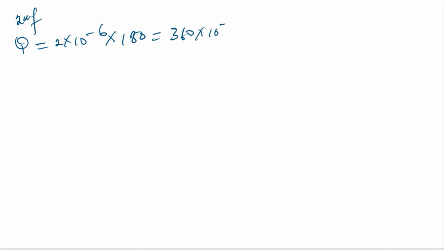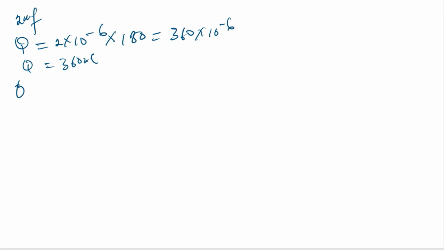So for the 2 microfarad, Q will equal 2 times 10 raised to power minus 6 times 180. That will equal 360 times 10 raised to power minus 6. So Q will equal 360 microcoulombs.